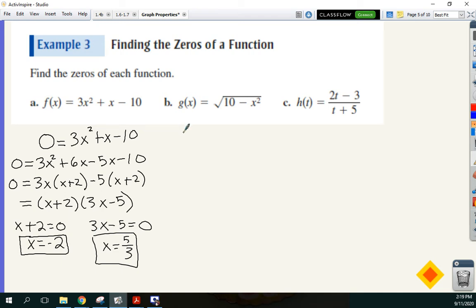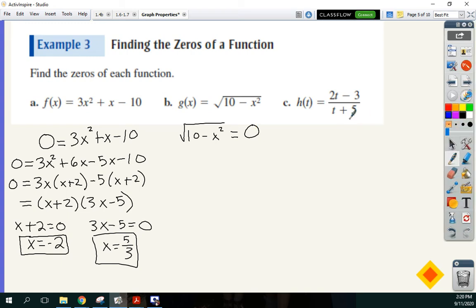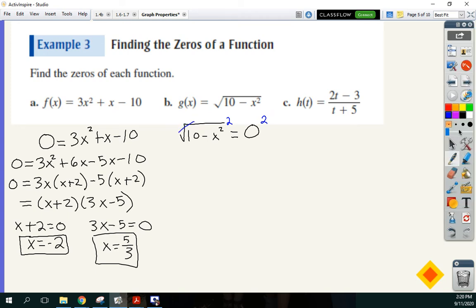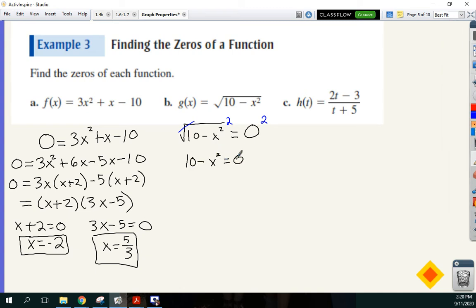So if we have the square root of 10 minus x squared, and we want to now set that equal to 0, in order to solve, I first would want to square both of my sides to get rid of that radical. Well, what's nice is 0 squared is going to be 0, so I would end up with 10 minus x squared equals 0. So we could then add x squared to both sides.